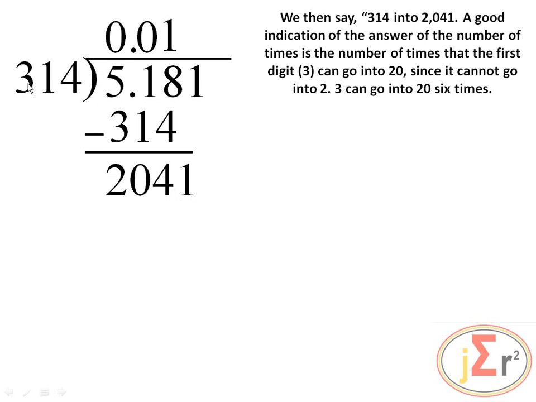So we are saying 314 into 2041. How many times? We cannot say the number of times that 3 can go into 2 because we know that's not possible already. So we say the number of times that 3 can go into 20. And 3 will go into 20 6 times. So 6.